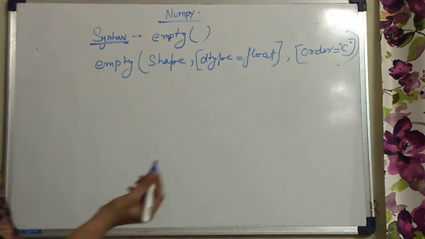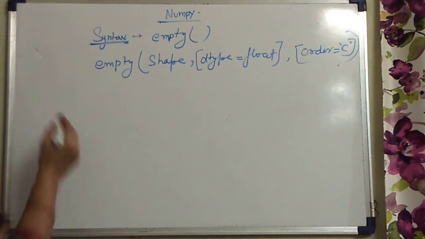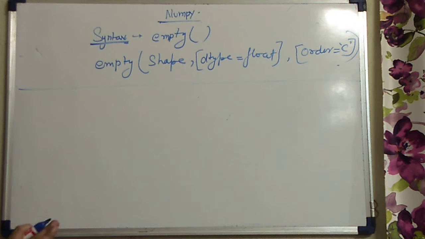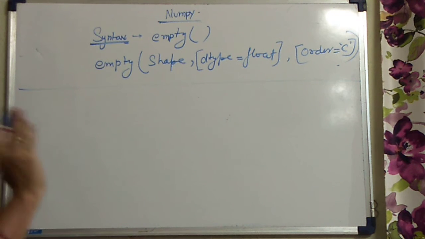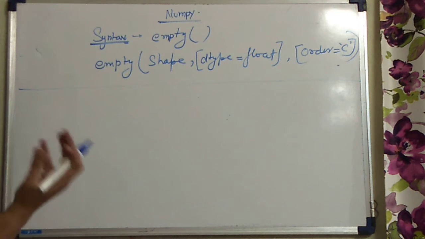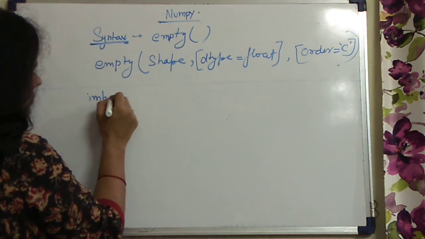You don't have to use whatever is inside the square brackets. So let us see an example of empty. What does the empty function do? The empty function creates an array with empty values. So how will you be able to see the array? Let us see the example, then it will be clear to you.